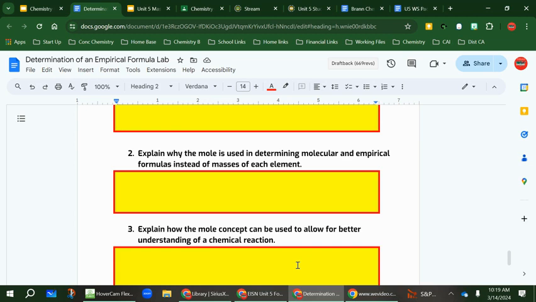Now, blood oxygen. The amount of particles. How do we make that up into something? Okay, so the formula is a ratio of what?